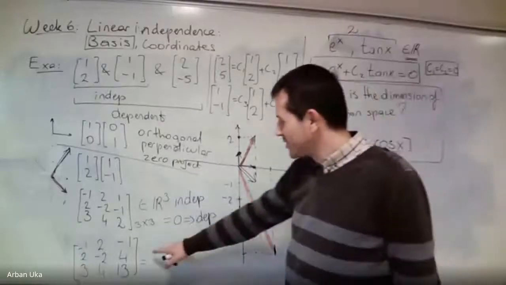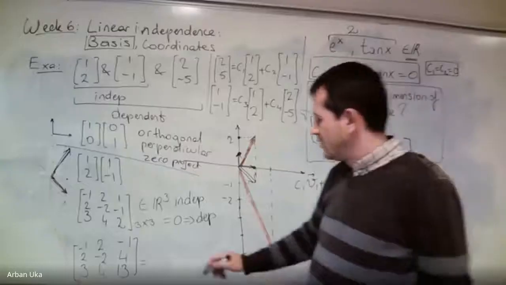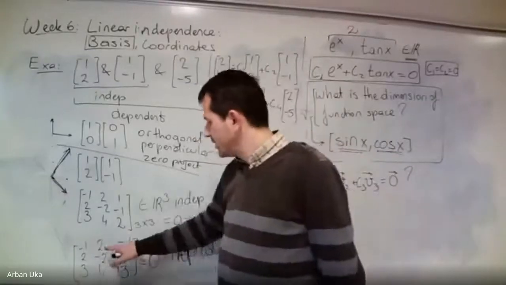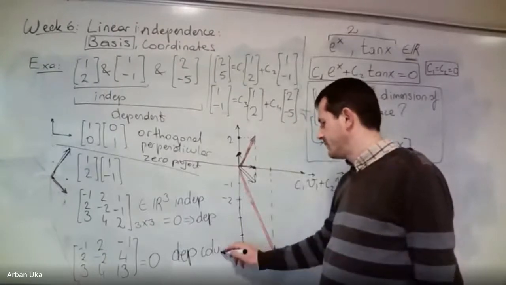So these are dependent. What about this one here? That's still 0. Okay, so apparently they are both dependent. Say it again. In the second one, is it -1, 2, 3? Yes. -1, 2, 3. 2 minus 2, 4. -1, 4, 13.